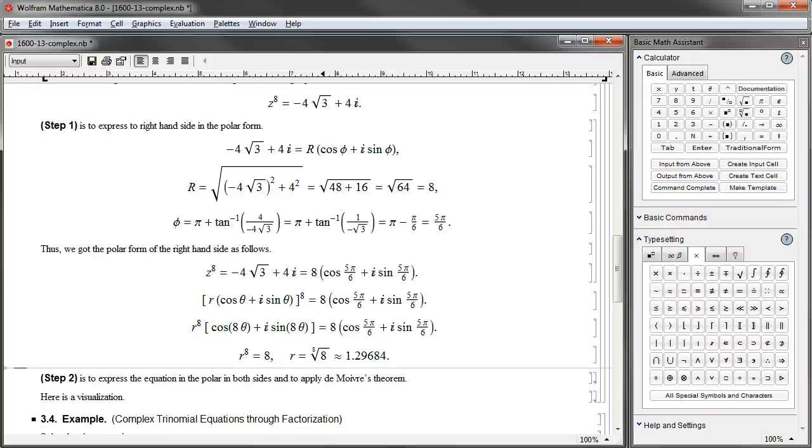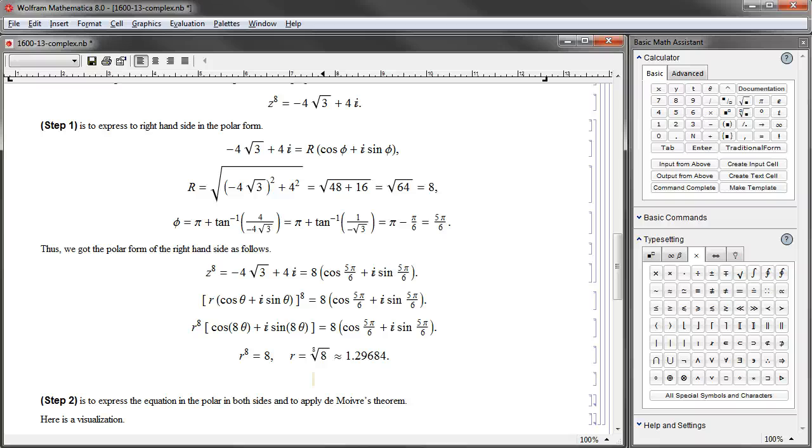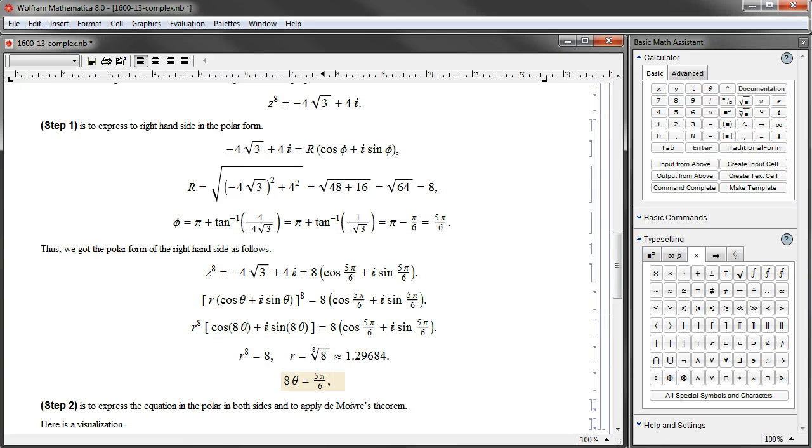Now how about the argument? 8 theta is equal to 5 pi over 6. Consequently, theta is equal to 5 pi over 48.